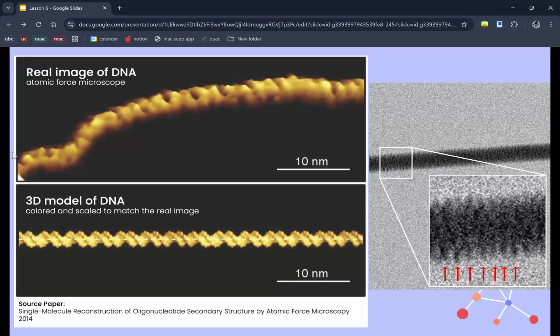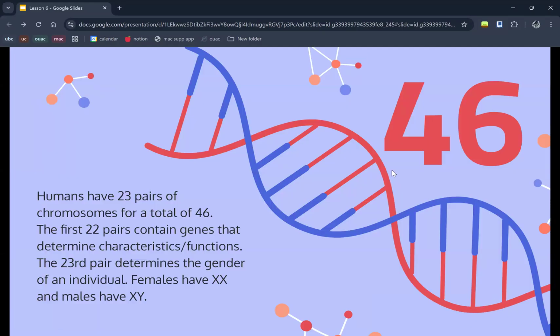We can see a real image of DNA here of that double helix structure. It's very blurry because it's very, very small. But below you can see the model that makes that helix structure a little bit clearer, and on the right you can see the squiggles of the helix.